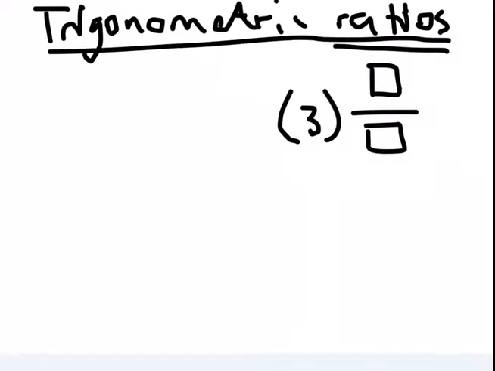What are those ratios? We have the trigonometric ratios named sine, cosine, and tangent.